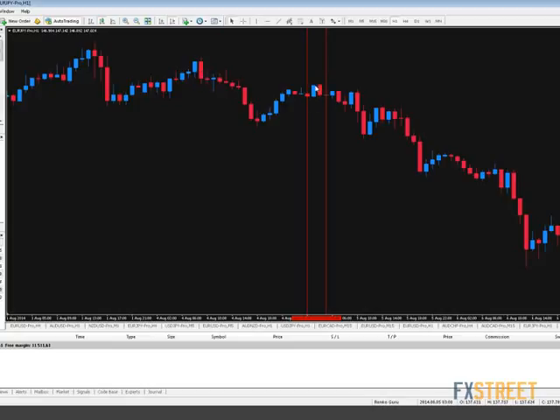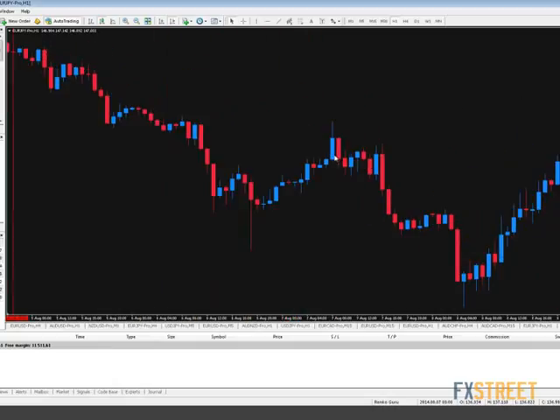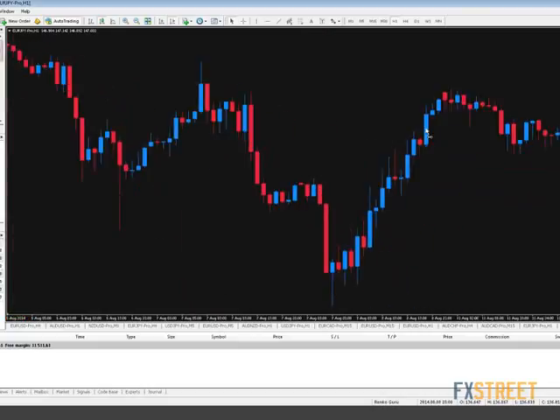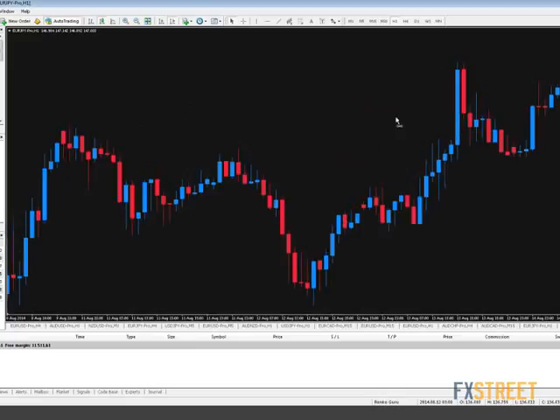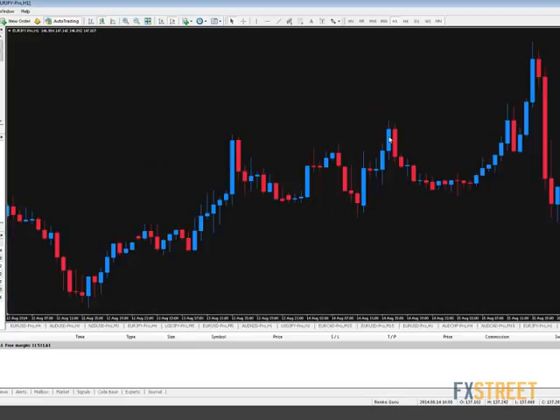This is railway pattern. This is dark cloud. This is railway. Okay? Look. First, you need to see a strong buying, then strong selling.